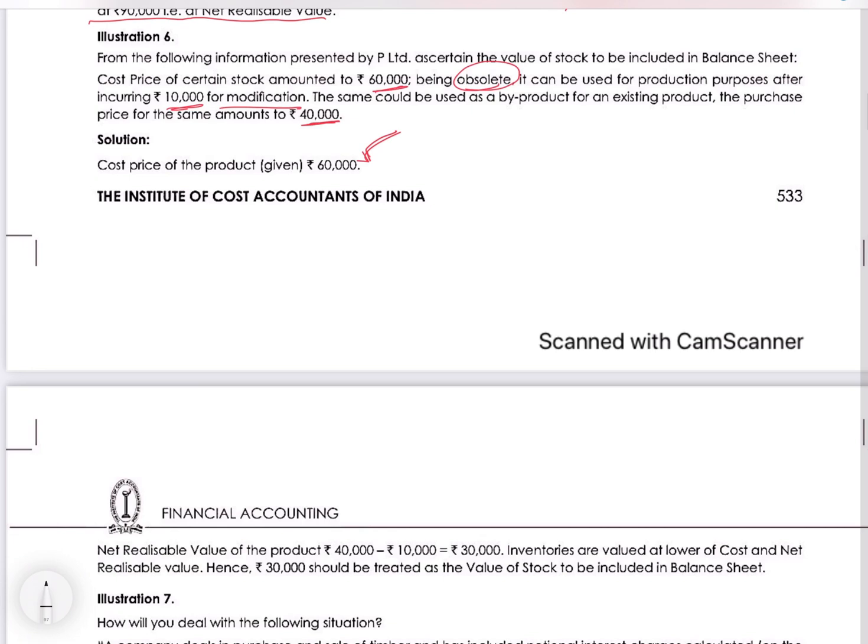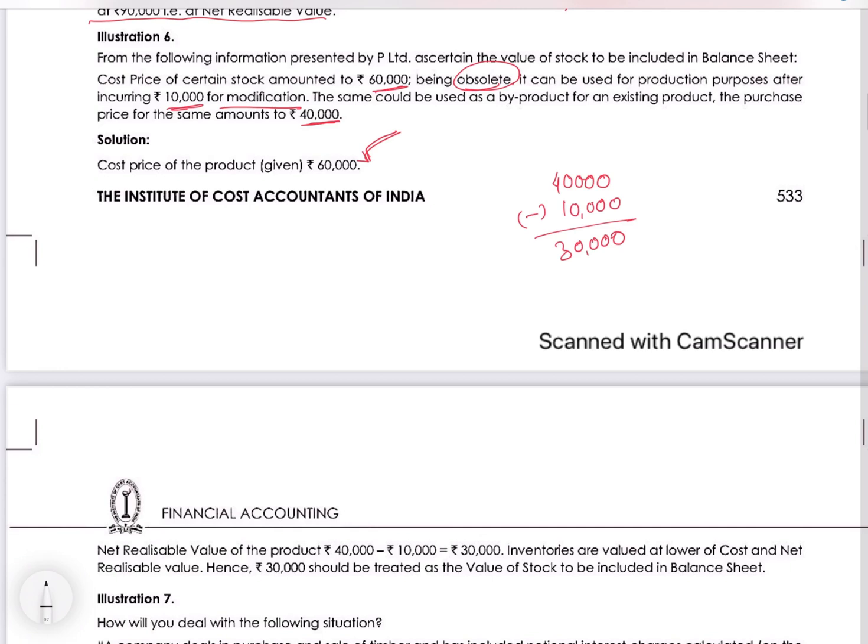The NRV, the marketable price of that product, will be 40,000, which is what we would have bought from the market, less the modification charge of 10,000. So 30,000 is the replacement price of it, which we can call NRV also.